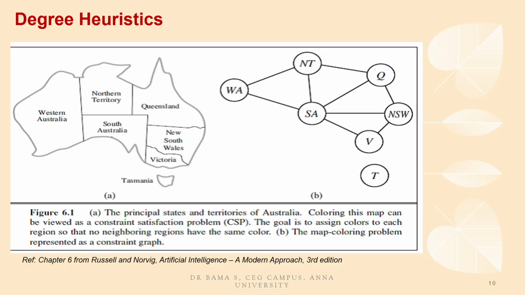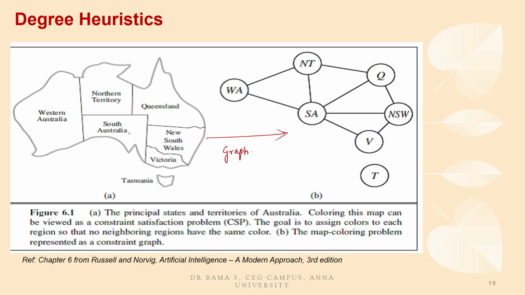Again, this is an example of the map of Australia. This is taken from chapter 6 of Russell and Norvig, where, as we saw in the last class, if we convert this map of Australia to a graph, this is the conversion.